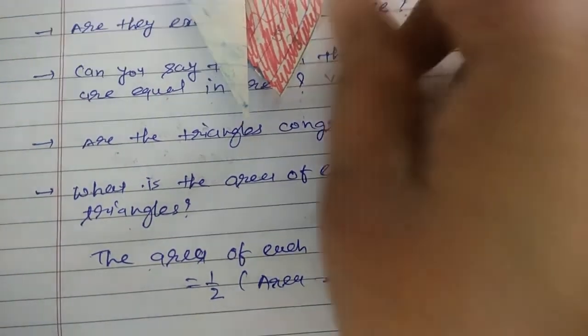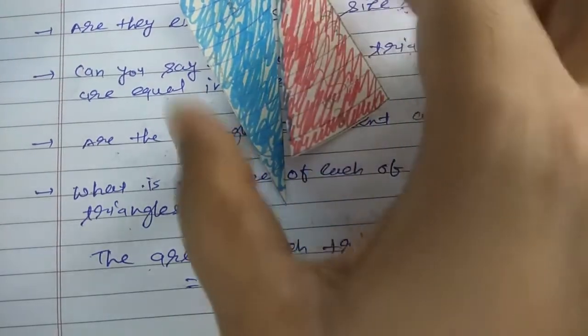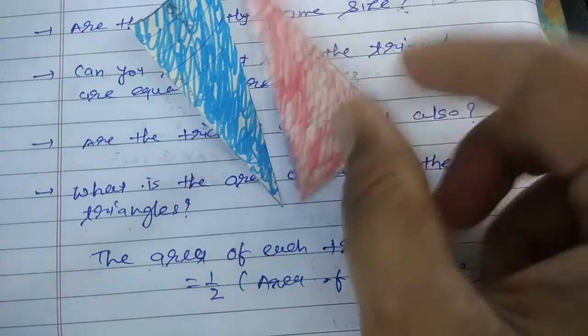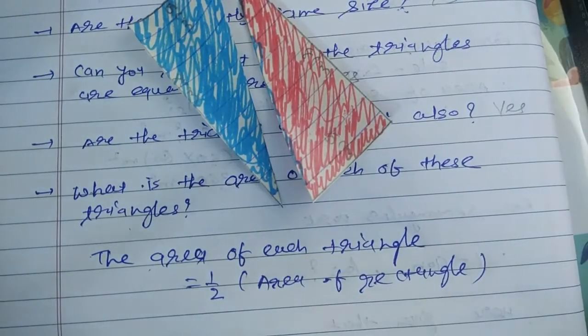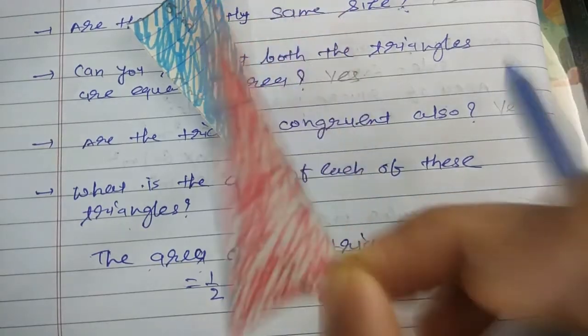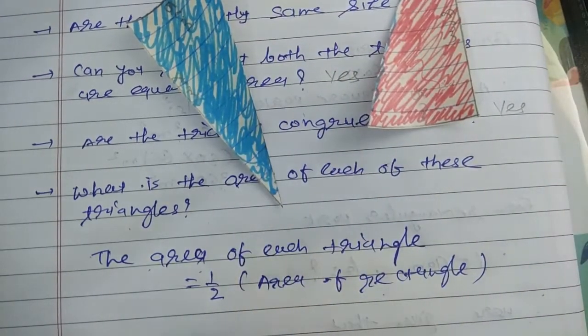Of course, because when we add the areas of these two triangles, it makes the area of the rectangle. So for one triangle it is 1/2 the area of the rectangle. So the area of one triangle is nothing but half the area of a rectangle.